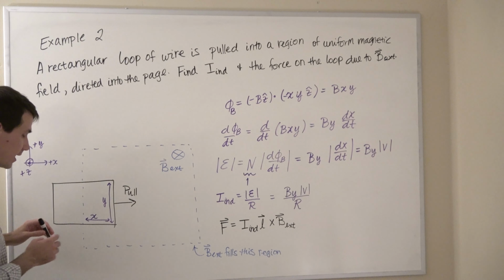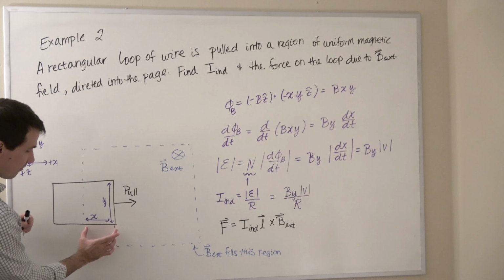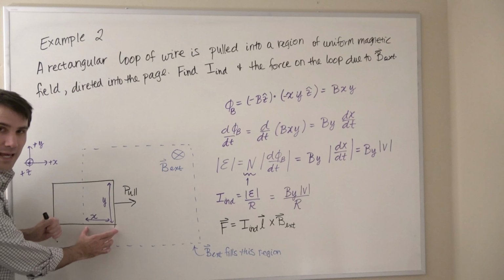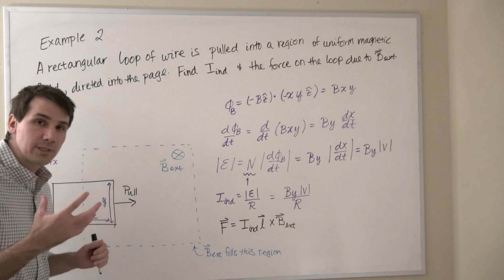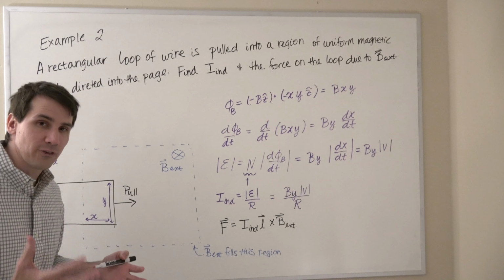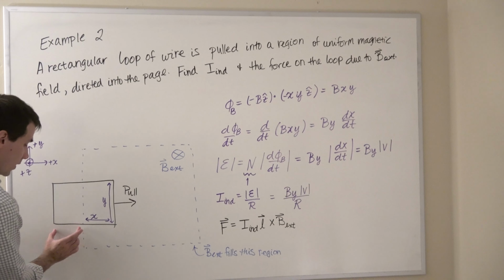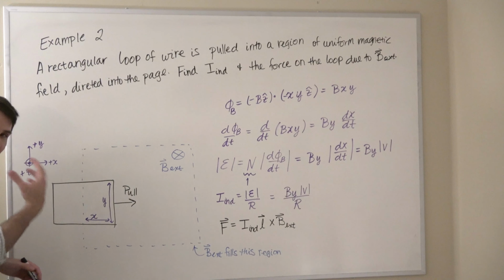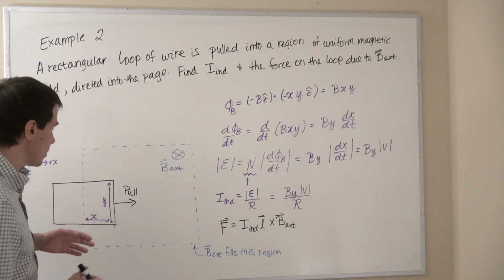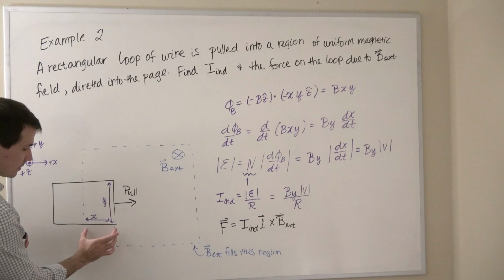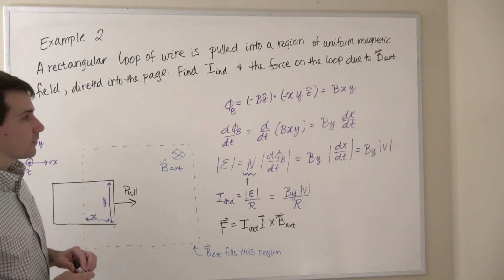It is only the area of the loop that fits within the external magnetic field. This region here is the only region of the loop with magnetic flux flowing through it. The region out here has no magnetic field and therefore no magnetic flux. So the area that we are interested in is simply this region here.